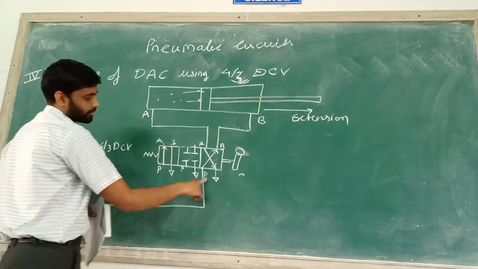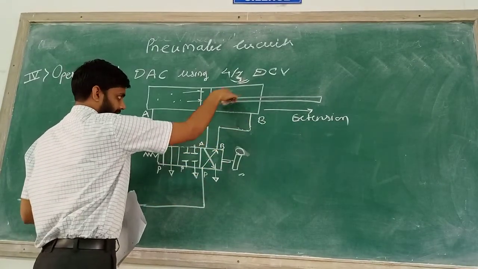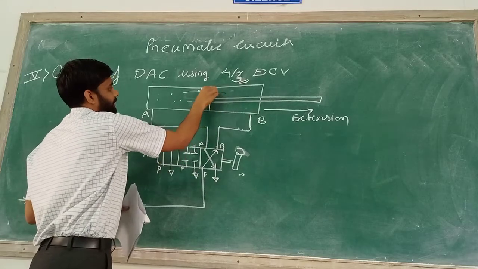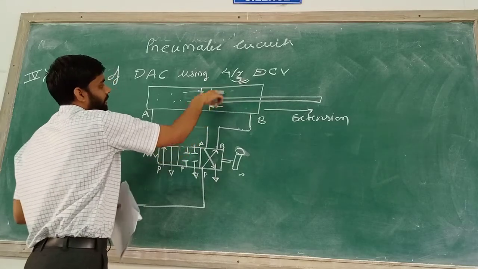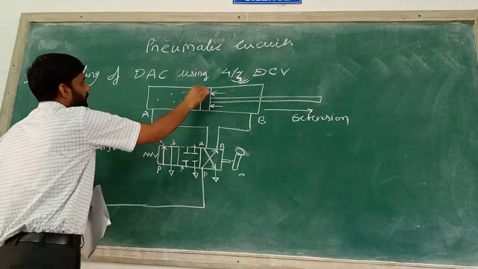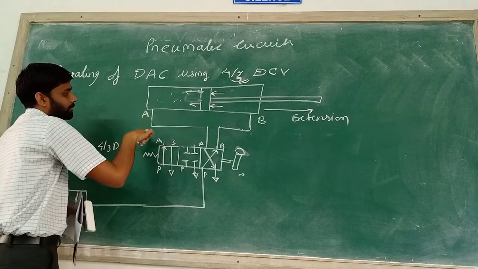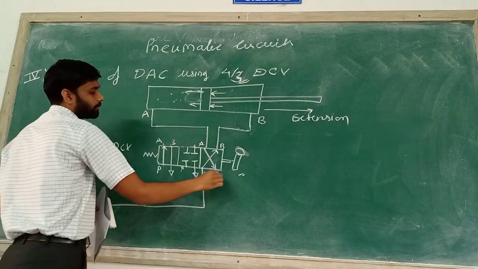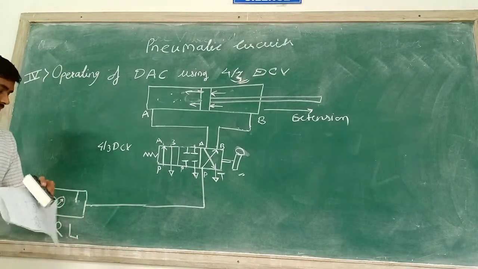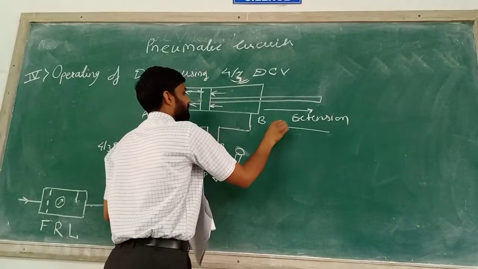The air which is coming from this port P is moving to port B and entering that region. Because of this, pressure is built on this piston, and this piston starts to push in the inward direction, and the air in that area is coming out from this port A and moving out directly to the atmosphere through this port T here, and we get the retraction.